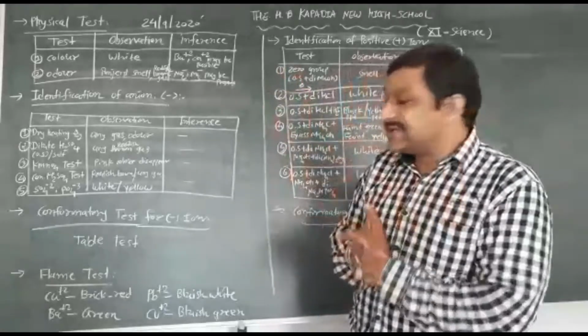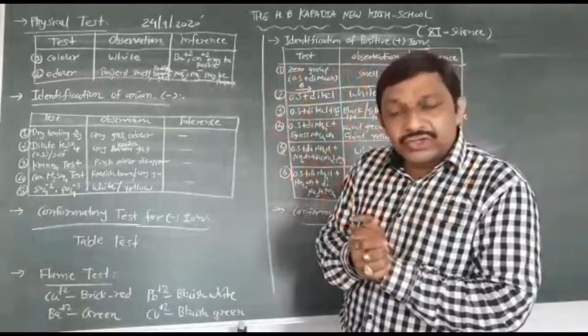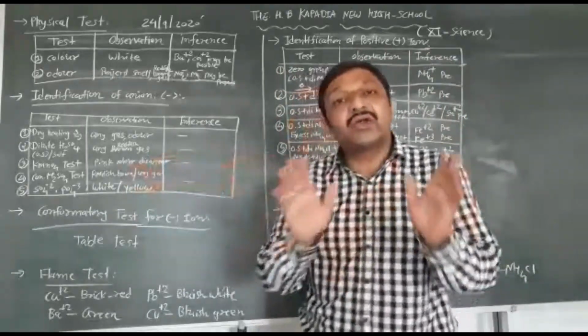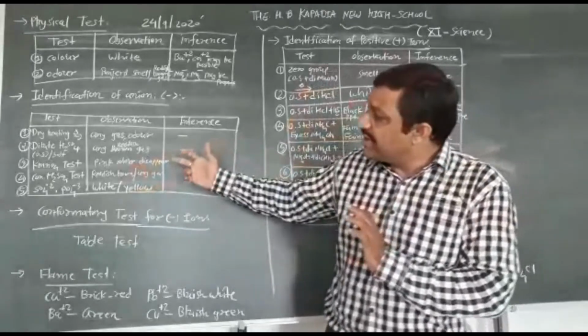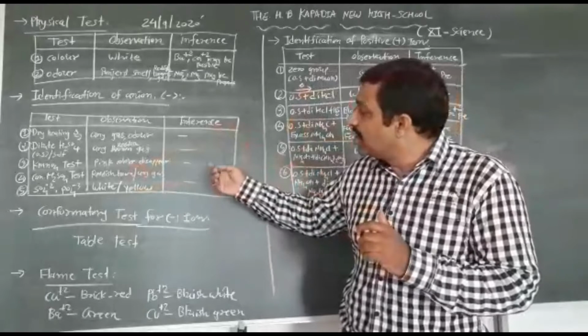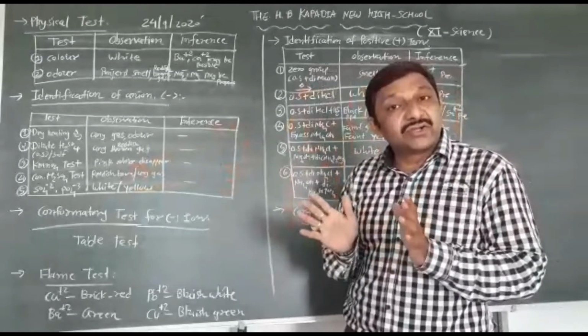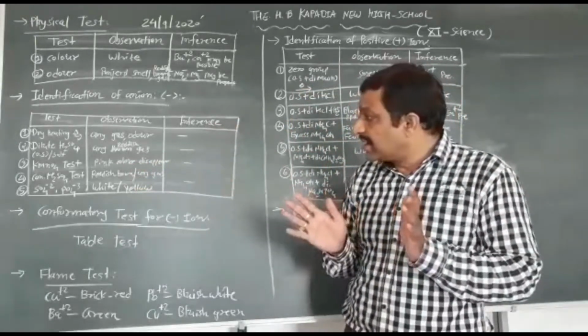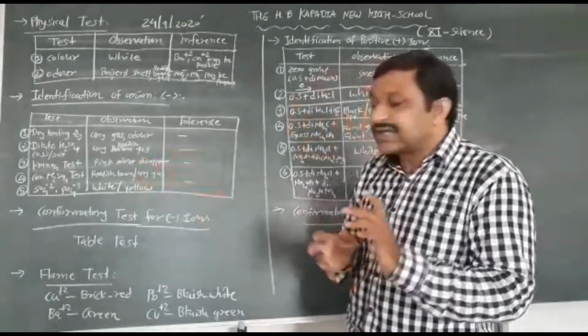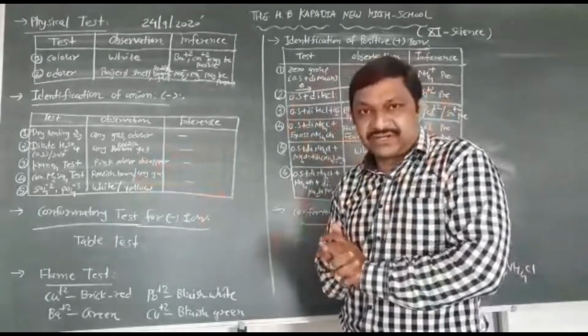Then heat your solution and look at what happens. Does the pink color disappear or not? If the pink color disappears, then the halogen group is present, chloride, bromide or iodide. Otherwise, if the pink color does not disappear, then the KMnO4 test is negative.